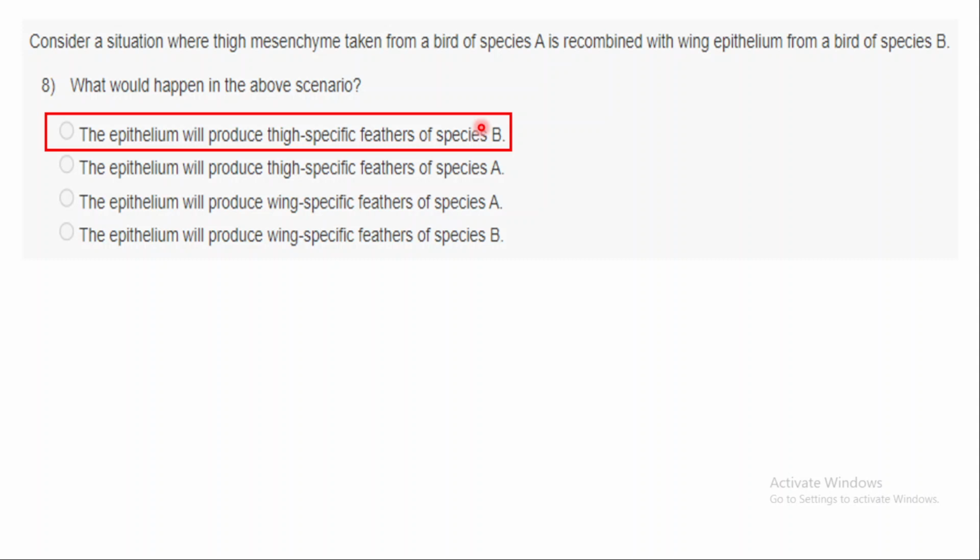So it will tell the parrot epidermis to make a yellow feather, but the parrot might not have genes for it. Parrot will still produce a green feather, but it will produce a thigh specific feather, since the mesenchyme is now a thigh mesenchyme. I hope this is helping you to understand, or you can read it up yourself.